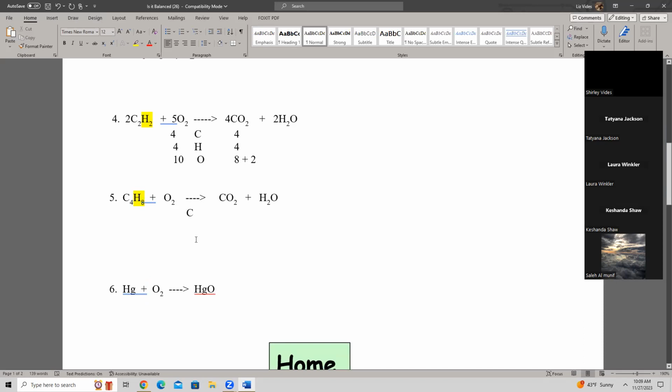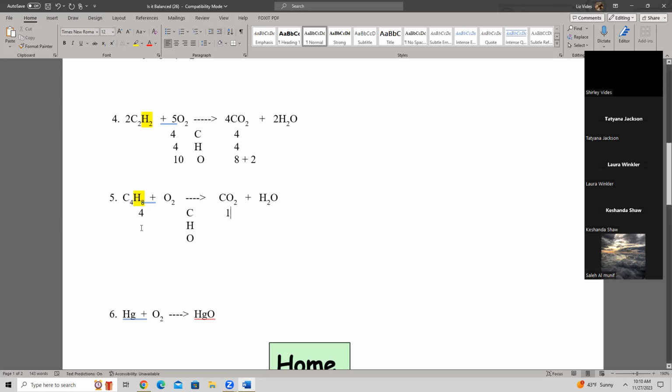And then we have a hydrogen. And then we have an oxygen, right? Okay. Now, on this side, we have 4 carbons. And on this side, we have 1.